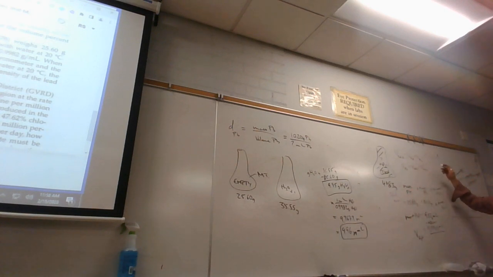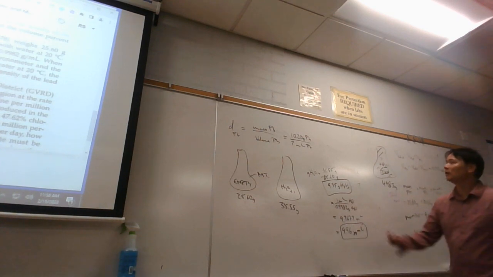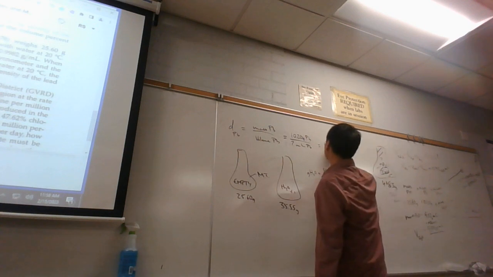And that's going to give me the volume of lead. The volume of lead is 0.92162. I'm allowed 2 decimal places, so I'm only allowed 2 sig figs here. 0.92 milliliters of lead.